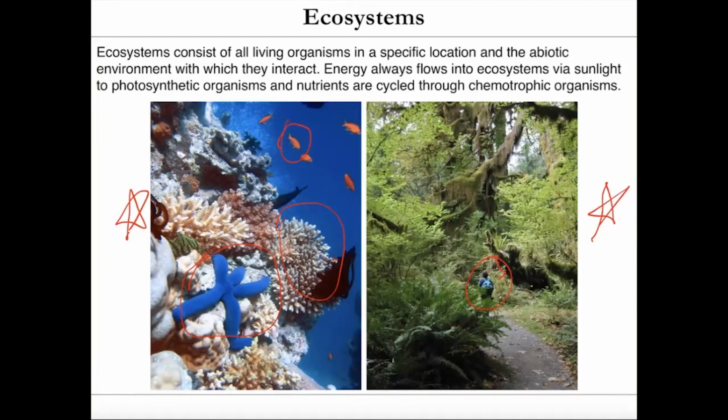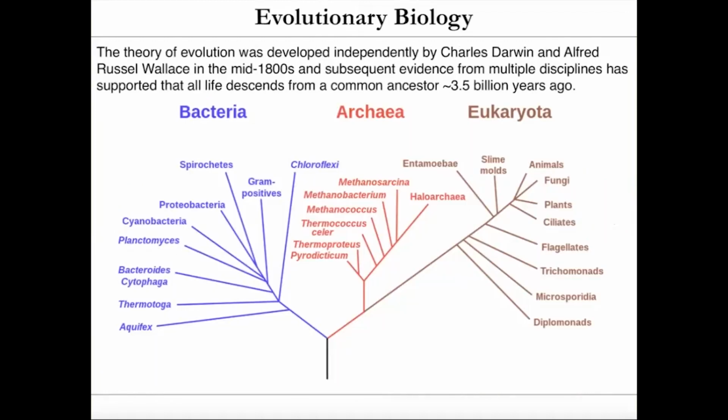It's one of the larger views to look at biology. And we're not going to look deeply into evolutionary biology in this course, but biology only makes sense in the light of evolution. The theory of evolution was developed independently by Charles Darwin and Alfred Russel Wallace in the mid-1800s.